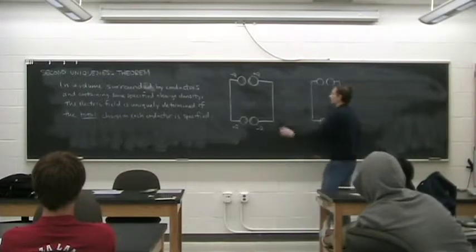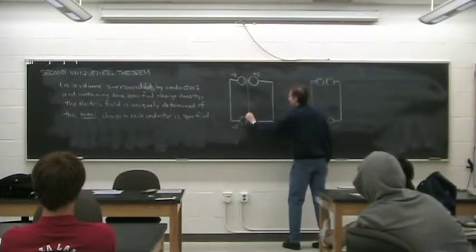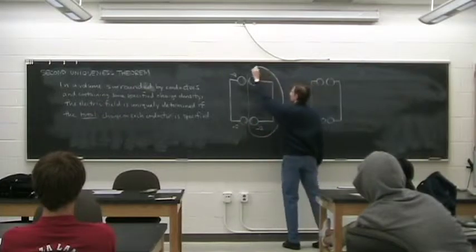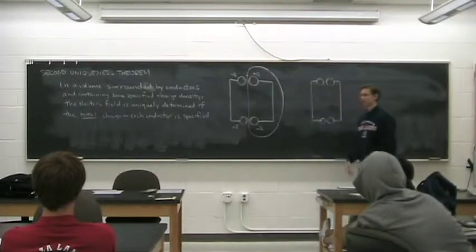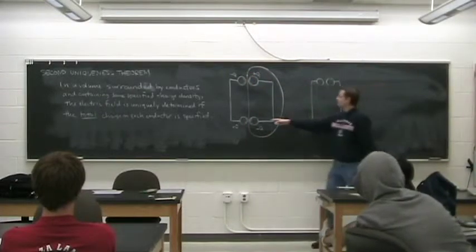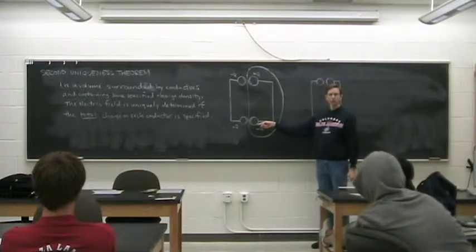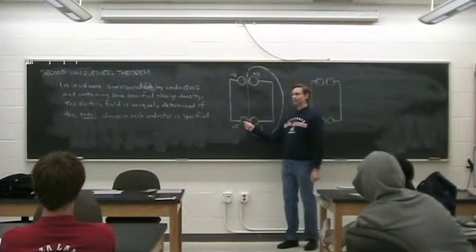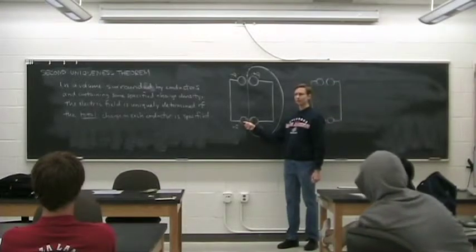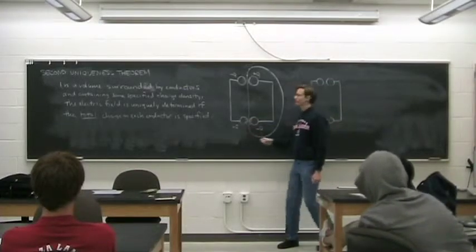Okay? Well, when I connect with a wire here, this system right here that I just drew a blob around becomes a single conductor with what total charge on it? 0. And this system becomes a single conductor, also with total charge 0.